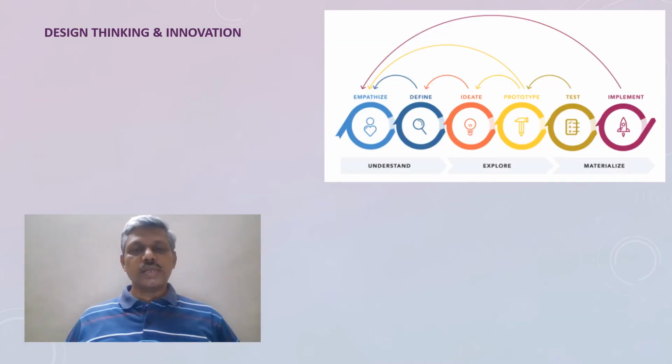Now let us quickly dive into the overview of the design thinking process. Design thinking is a step-by-step process and an iterative process. It has 5 to 6 steps. It starts with empathize, wherein the target audience for whom the entire innovation needs to happen.